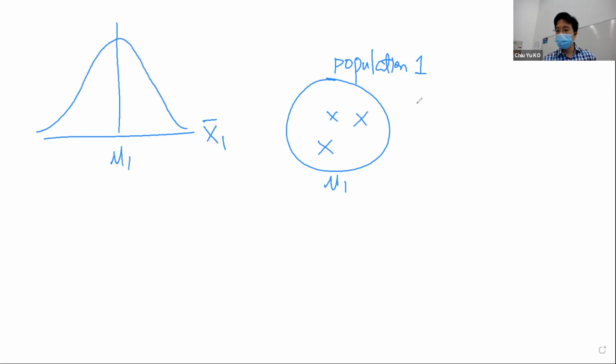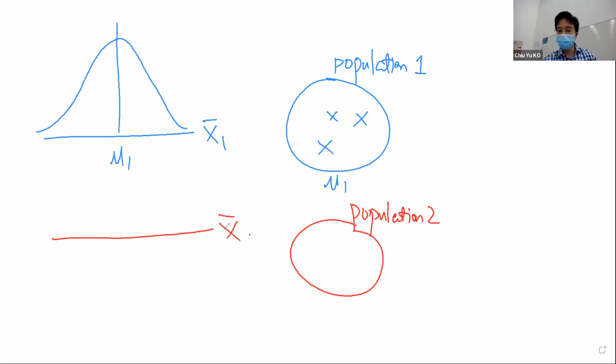And we have another one, population 2, with X bar 2 and the bell of mu2.